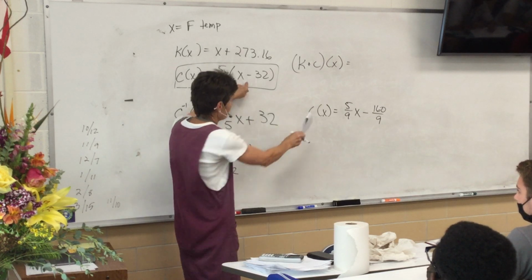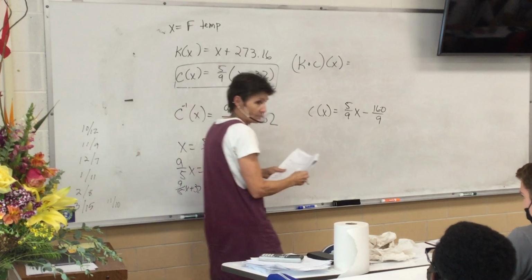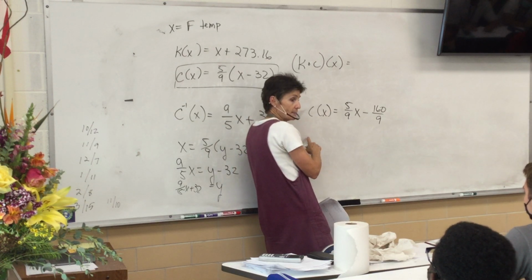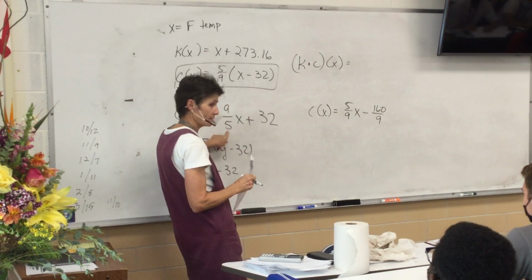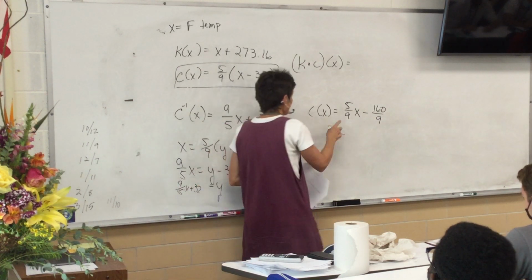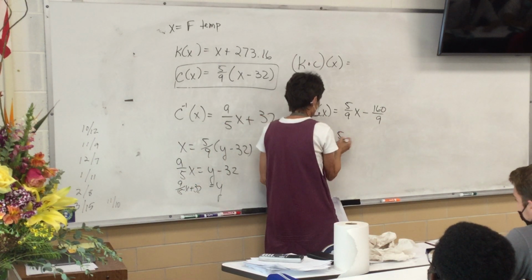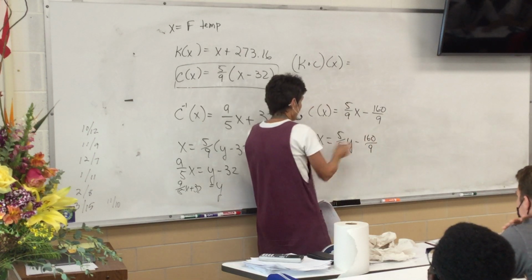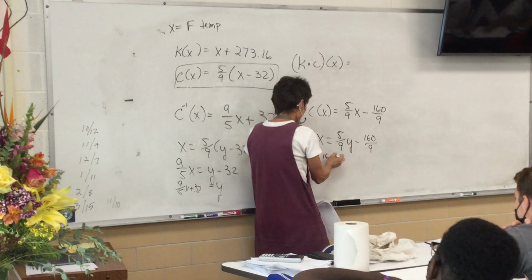Okay, this is the original function, right? So I'm gonna find the inverse of this. I've distributed it, now I'm gonna find the inverse, and I'm gonna see if this is what I end up with. So if I switch my variables here, I'm gonna add that 160 over here.